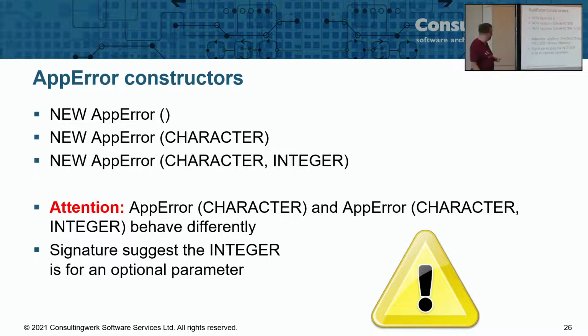And the difference is, if you do a new app error, any string, comma 0, that message will be shown by default by the ABL. Because the ABL detects that, and we're in the normal standard error handling of the ABL, and it will show the error message. But if we do a new app error with just the character, nothing will be shown, because the ABL says, hey, it's an error with a return value. There's no default behavior in the language to display return values. So it is dangerous.